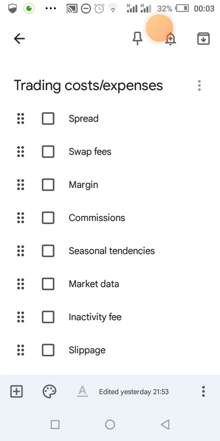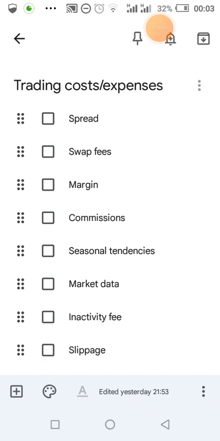Or some brokers, after the initial 6 months or 1 year of not opening any trade, will charge $20 per month after that, if you still continue to not open any trades.